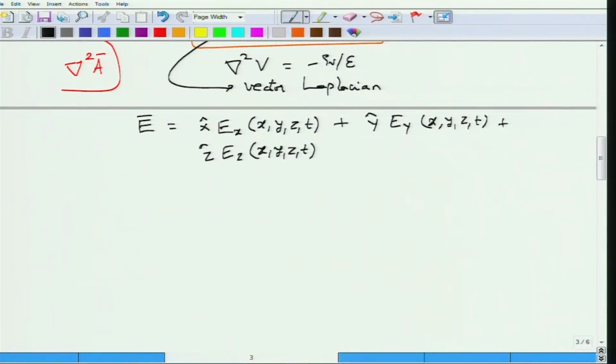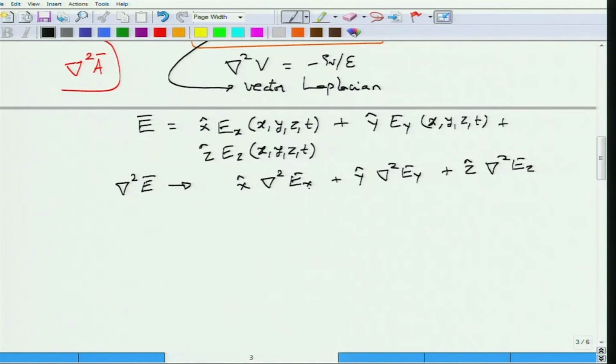This is the electric field E. So when you apply del square E, what you are actually doing is applying del square Ex, x hat, plus y hat del square Ey, plus z hat del square Ez, where Ex is of course Ex of x, y, z and t. I have just suppressed the x, y, z dependence in this expression.